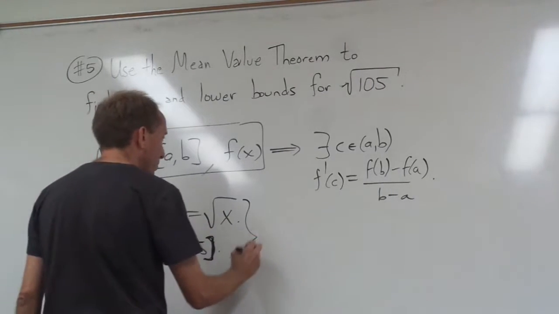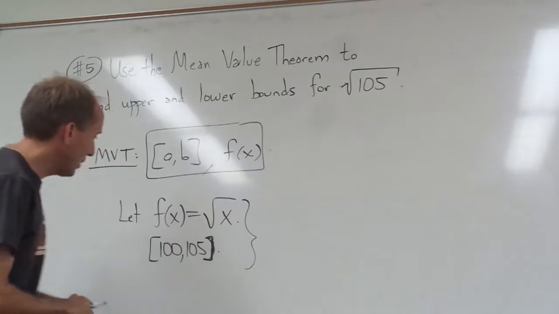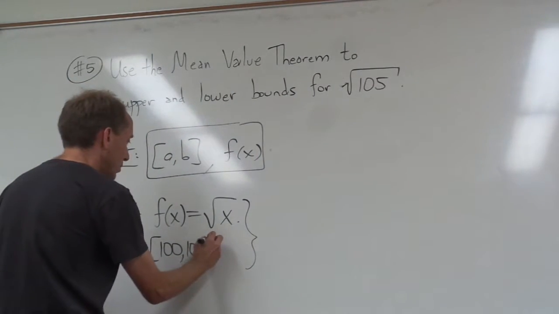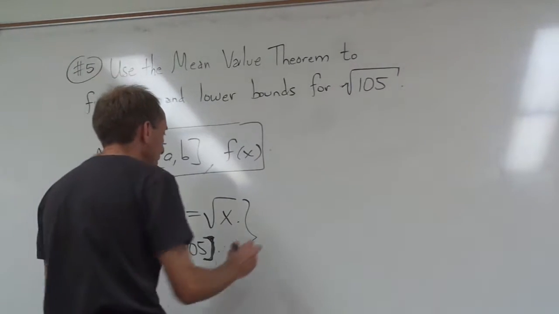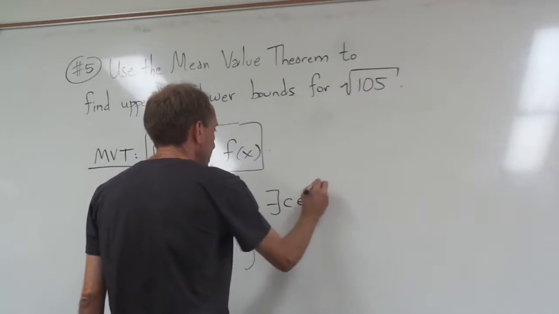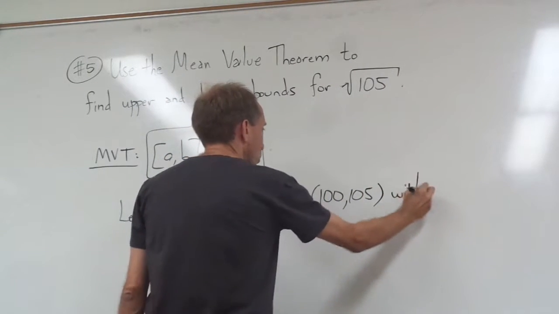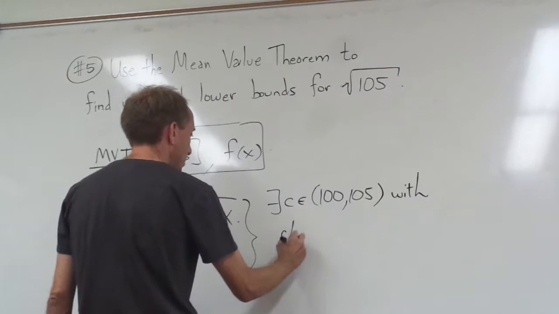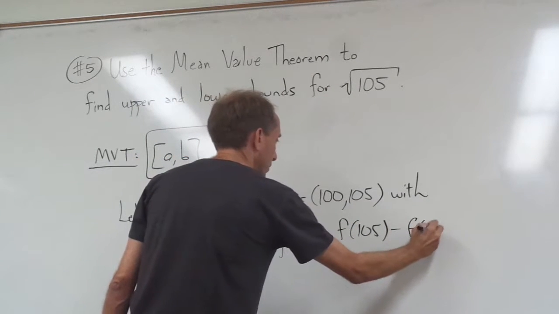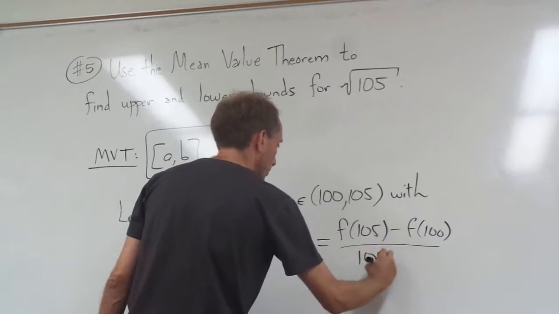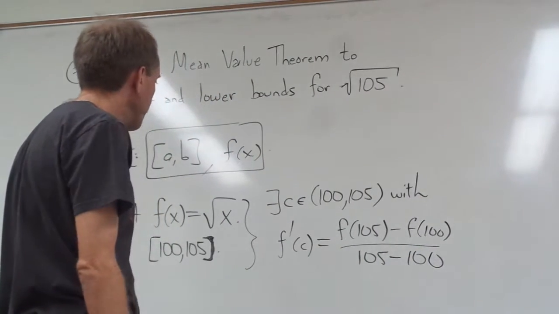So by the mean value theorem applied to this interval and this function, there exists a c in the open interval from 100 to 105 with f'(c) equals (f(105) minus f(100)) over (105 minus 100). That's the mean value theorem.